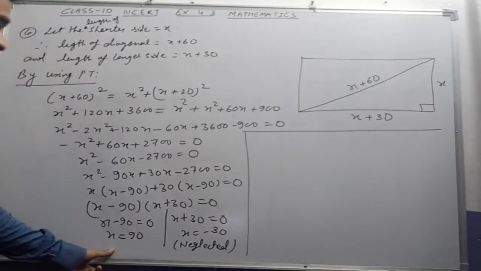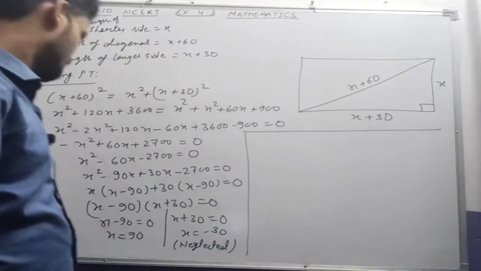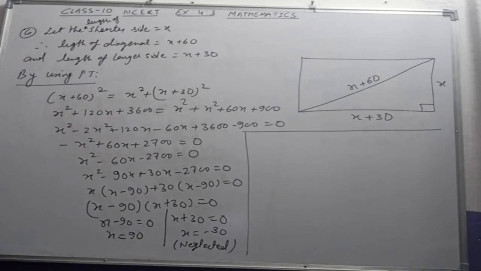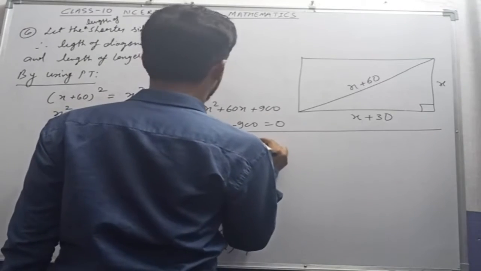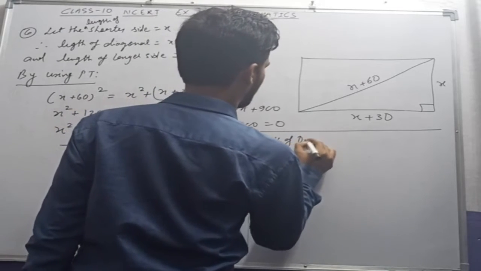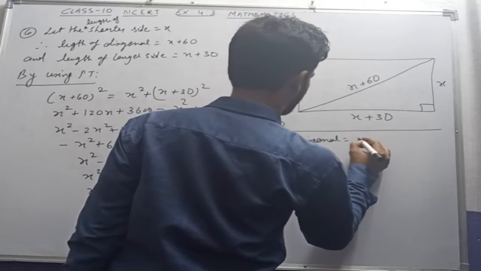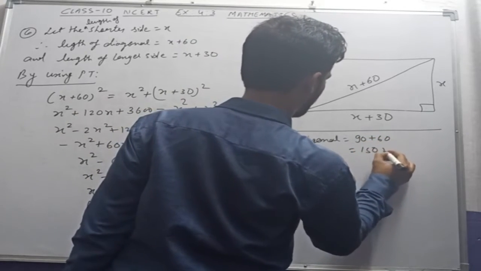Next step, we got x. It means the shorter side we got is 90 centimeter or meter, whatever unit is given, 90 meter. Now the other two sides, and the diagonal. Length of diagonal is equal to x plus 60, means 90 plus 60, that is 150 meter.